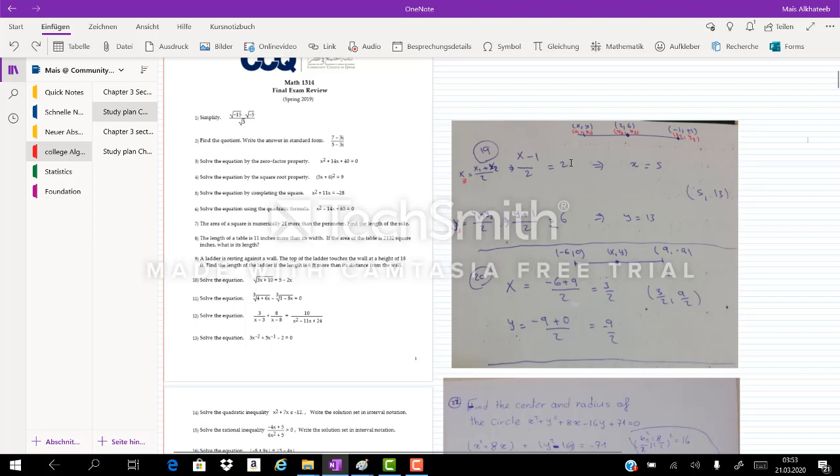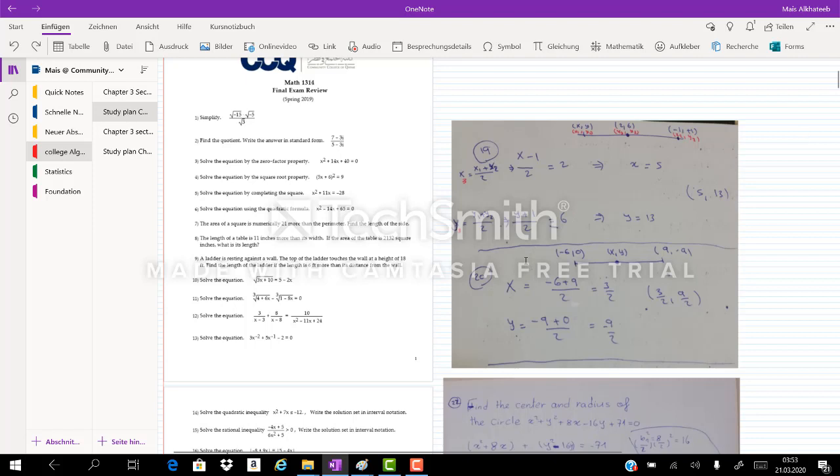Now we multiply both sides by 2 and move 1 to the other side, then we can conclude that x equals 5. And here we multiply both sides by 2 and move 1 to the other side, we conclude that y equals 13.